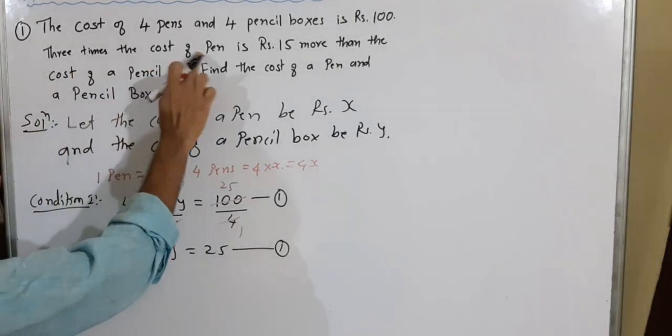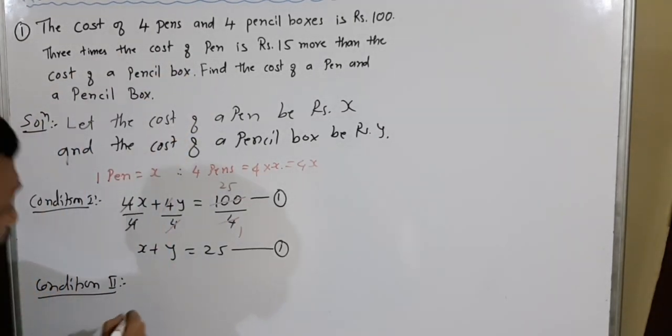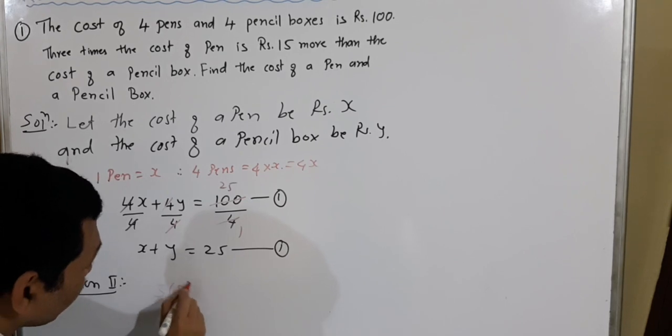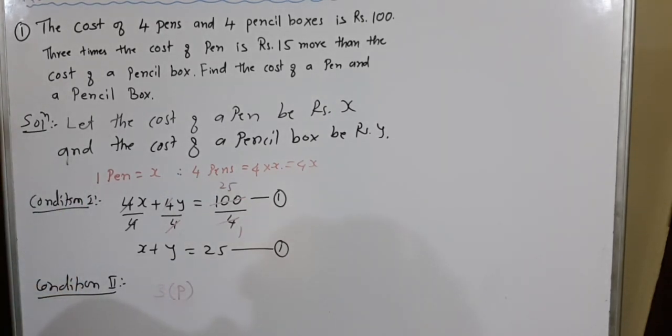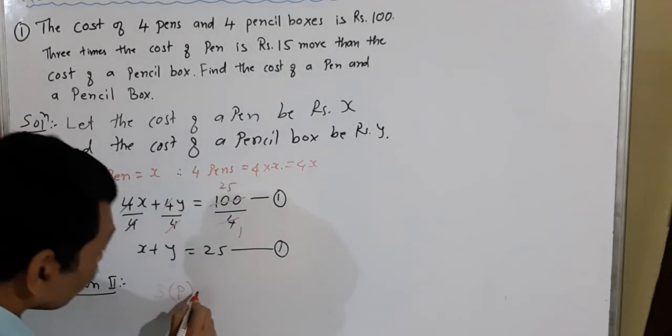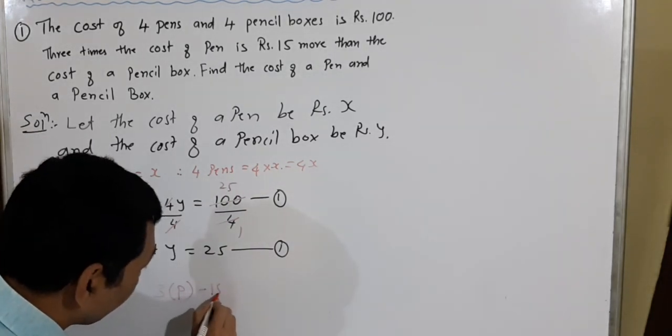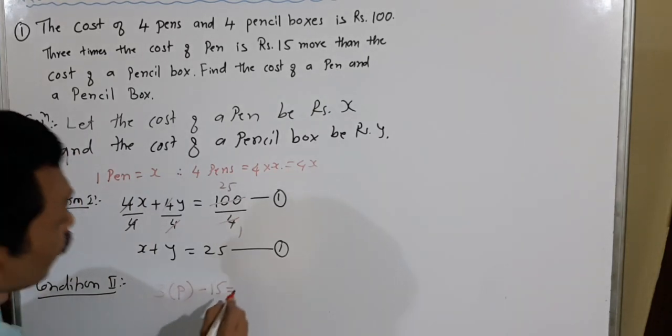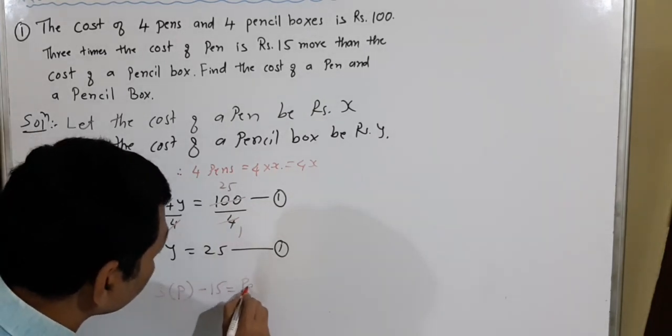3 times the cost of pen is 15 more than the cost of pencil box. This is more. So if I want to make it equal, minus 15 is equal to the cost of the pencil box.